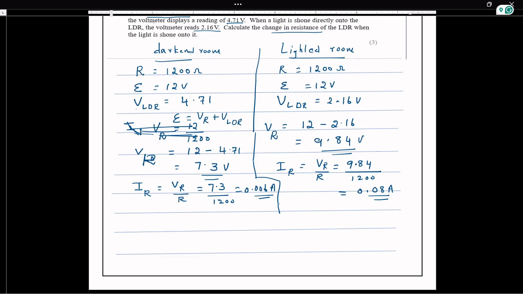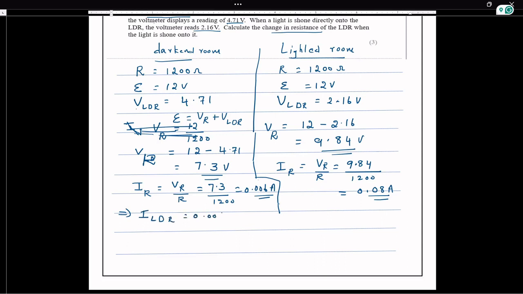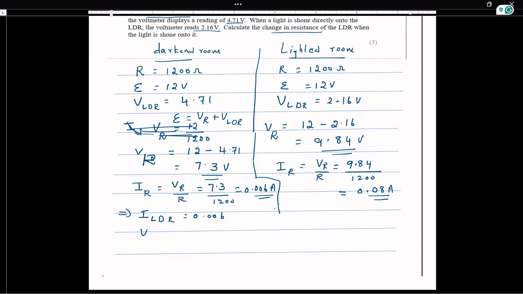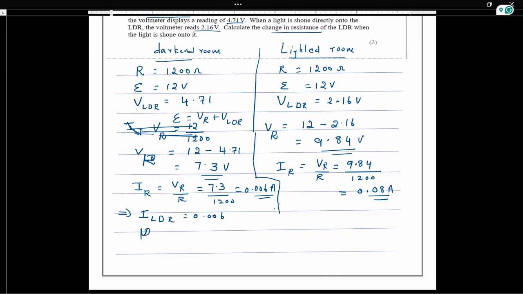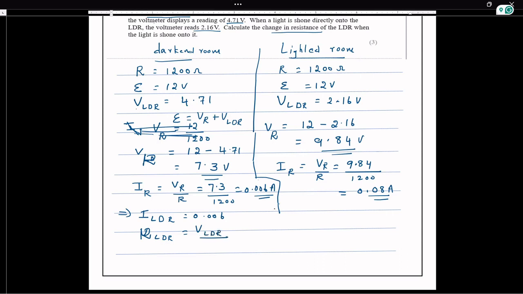In the darkened room, the current of the LDR equals 0.006. From this we can calculate the resistance of the LDR, which is the voltage of the LDR over its current. What is the voltage of the LDR? 4.71.